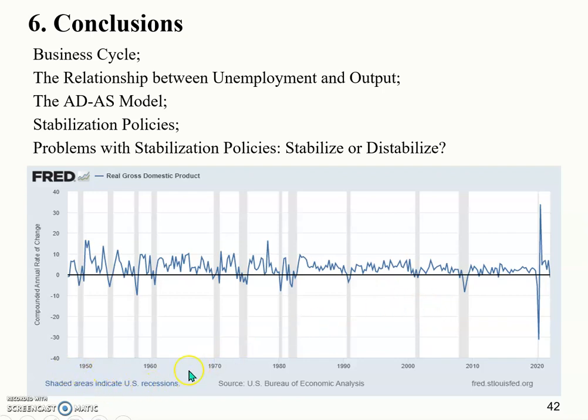Now I'm taking the longest possible period so that we can look at the longer term trend. This is from right after World War II all the way to the most recent quarter in 2022.